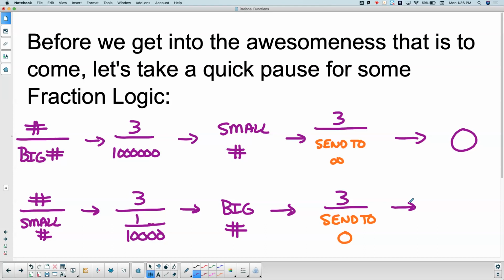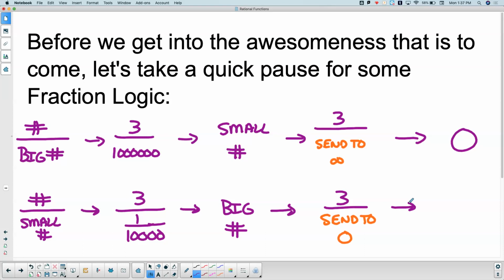Sorry, I'm going the wrong way. 3 divided by 1 is 3. 3 divided by 0.1 is 30. 3 divided by 0.01 is 300. 3 divided by 0.001 is 3,000.